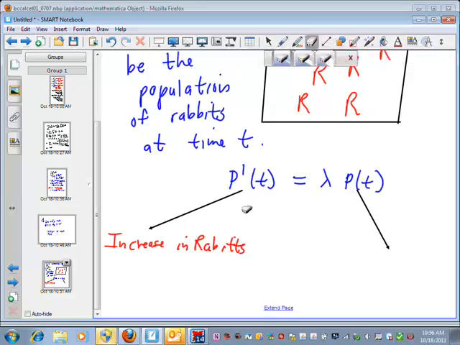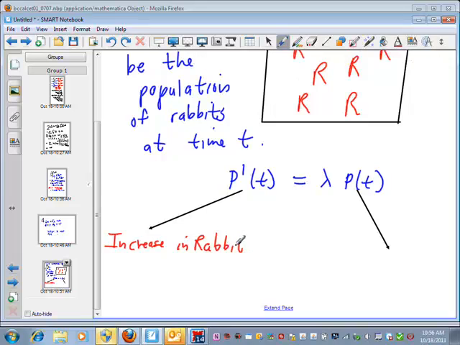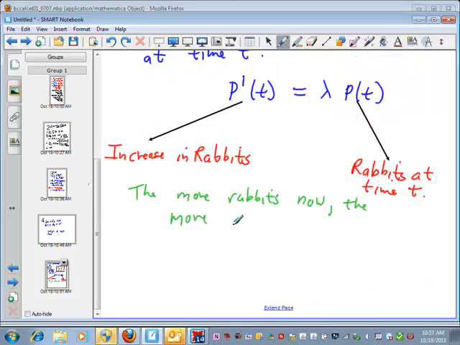And then this is the rabbits at time T. So the statement is that the more rabbits, the more going the way. That's all that statement says.